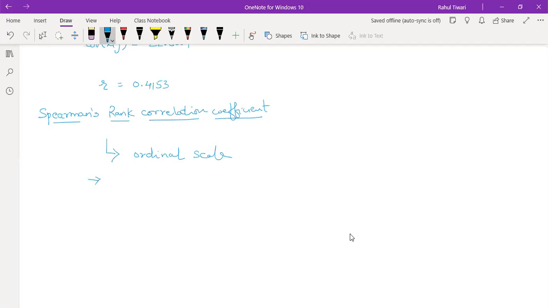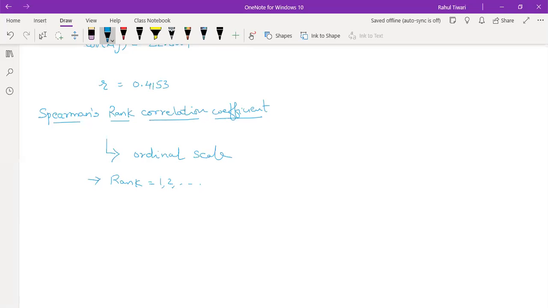Say 10 students are given to you, and you are given the data in order, 1, 2 and so on. Or take a group discussion: it will not be given marks, it will be given a rating out of 5 points. If a student speaks very strongly on the topic, he will be given 5 out of 5.